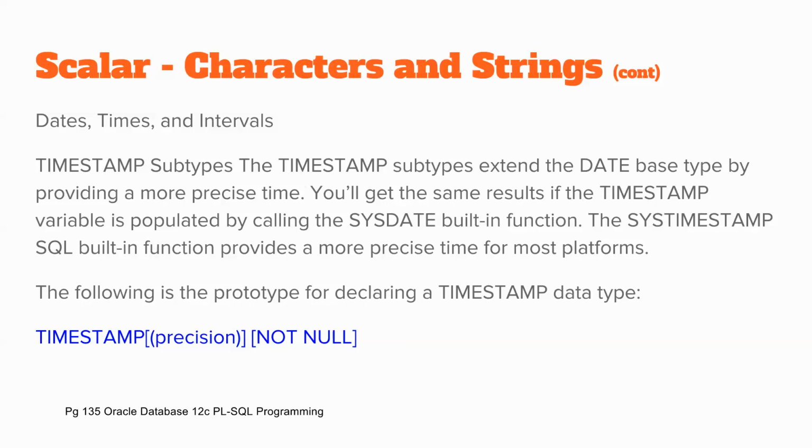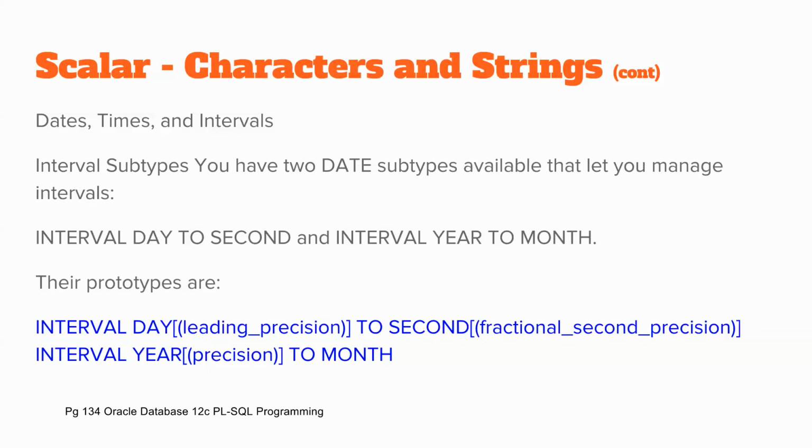This is the type that you can use by calling the sysdate function to get more specific times for when somebody inserted data or whenever an action occurred. And then finally we have the intervals. This is where you can set precision based on the day to second as well as year to month.